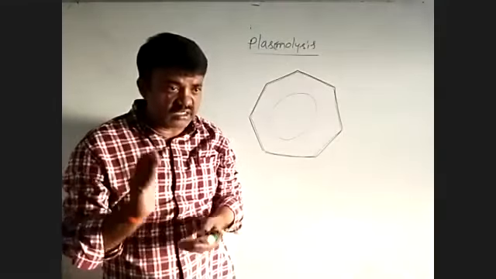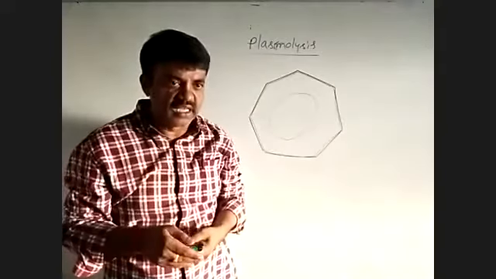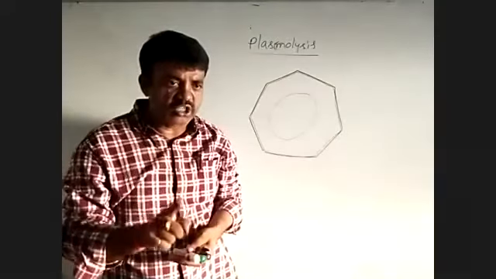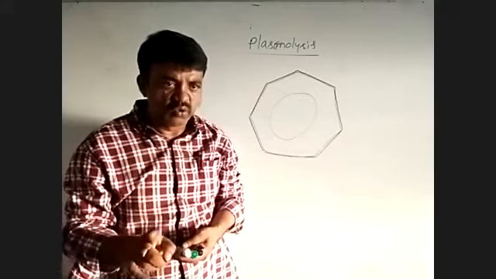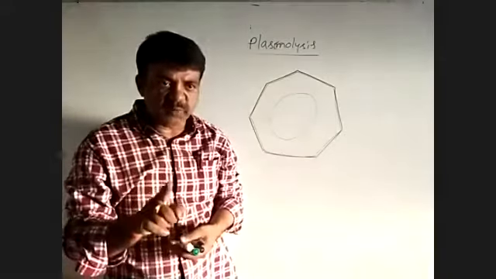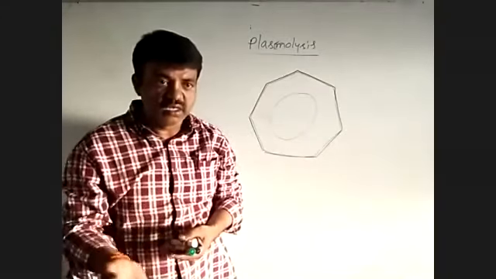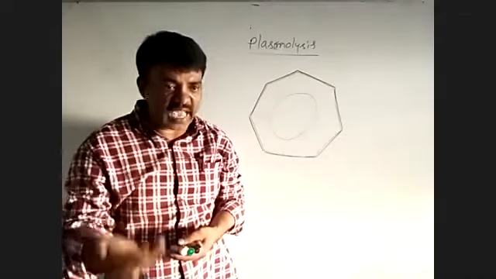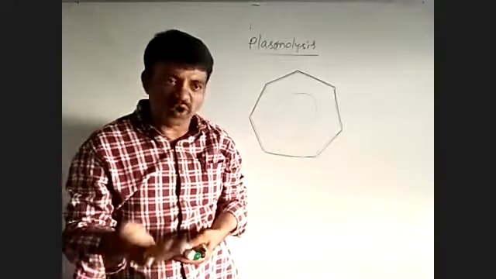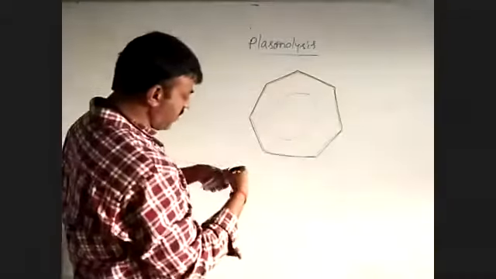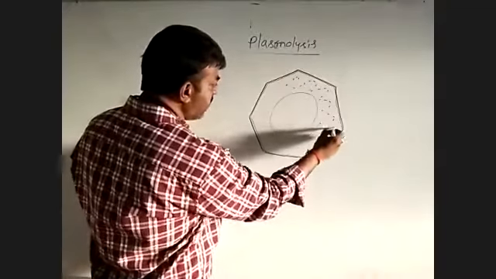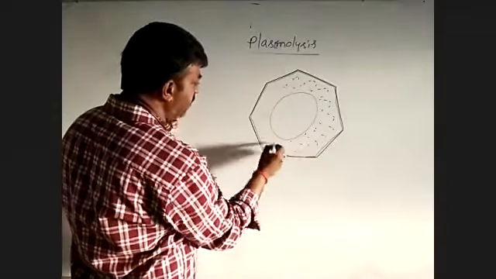We have studied this in the first year syllabus. So what is the function of the vacuole? You must say that it plays an important role in the process of osmoregulation. I also told you that the osmotic potential of a cell depends upon the tonoplast or vacuolar sap because of the presence of a variety of substances. It is a normal plant cell. This is the protoplasm, the cytoplasm, and this is the vacuole.